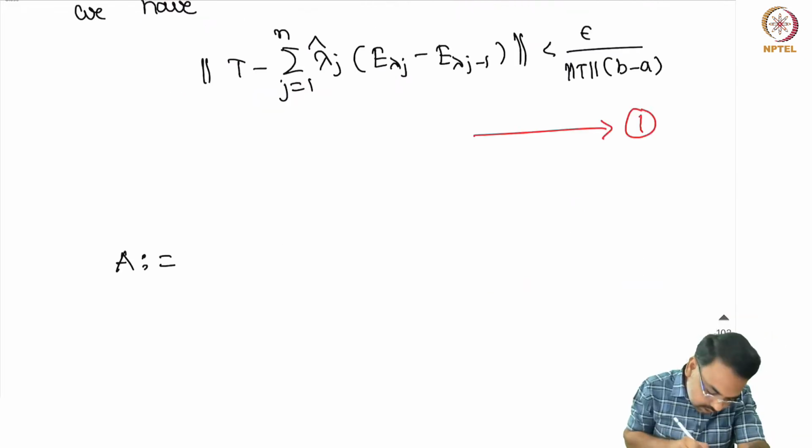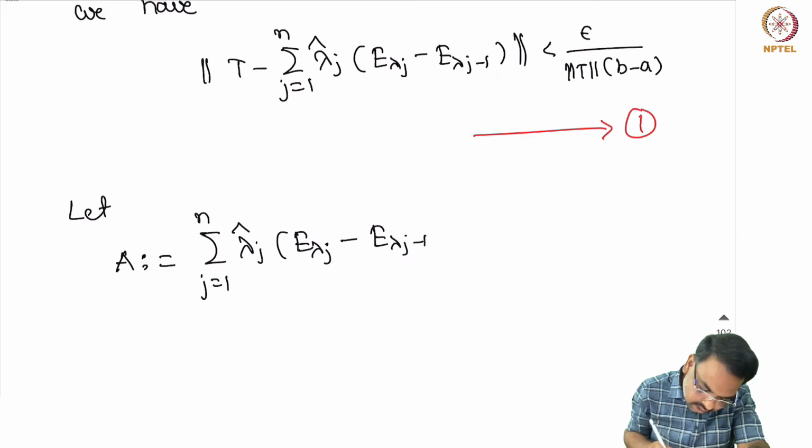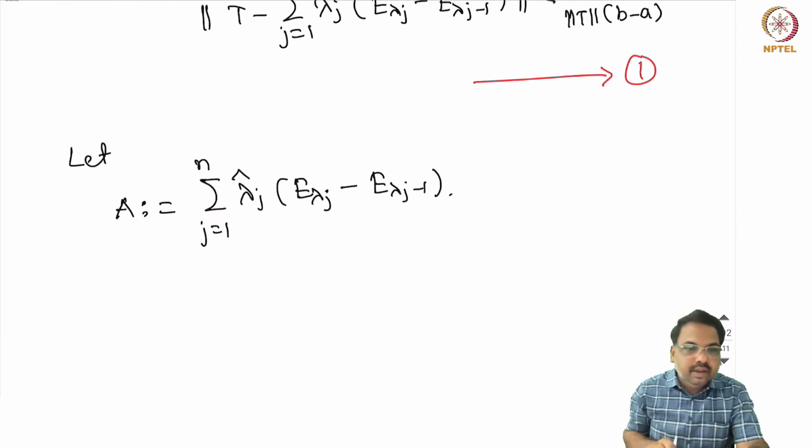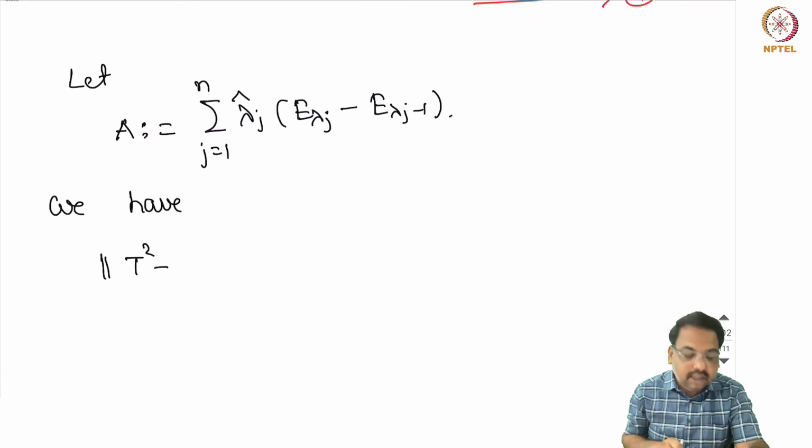Okay, so let us write A as summation j equal to 1 to n lambda j hat (E lambda j minus E lambda j minus 1). So we are looking at norm T square minus A square.